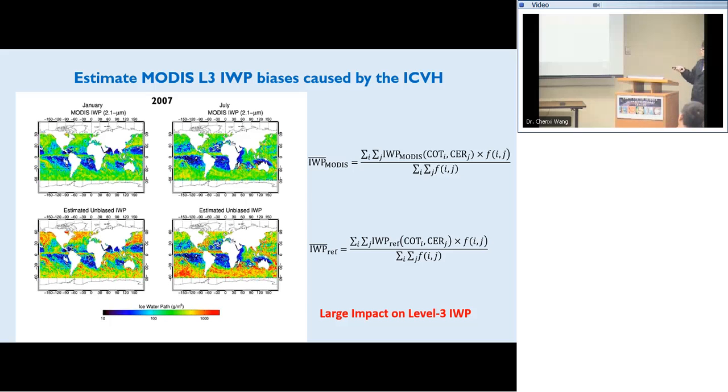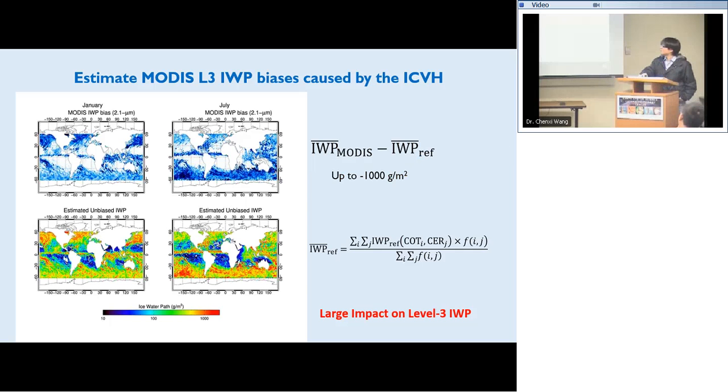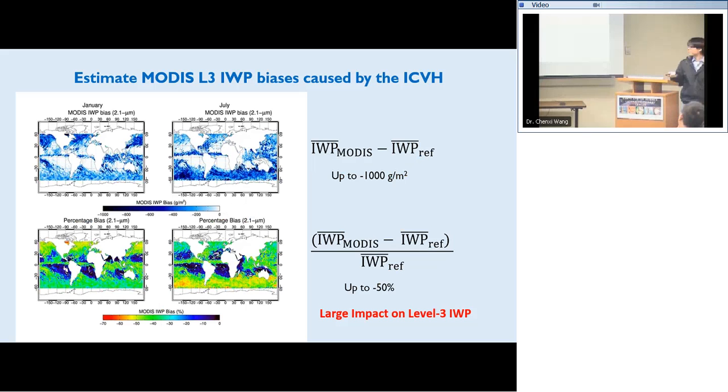So what we do here is just replace the MODIS IWP by the estimation, the unbiased IWP. We just replace this variable here. If we take the differences, here's the MODIS minus estimation. You can see that this is the absolute difference. You can see that they are all negative, which means MODIS always underestimates the global ice water path.